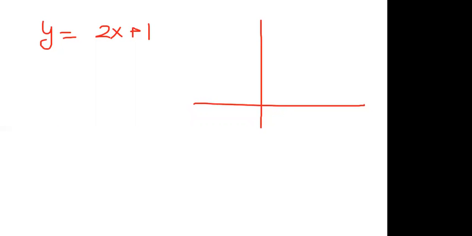So for its graph, when x is 0, the value of y will be 1. And when y is 0, x will be minus 1 by 2. So we'll be getting the graph as this.